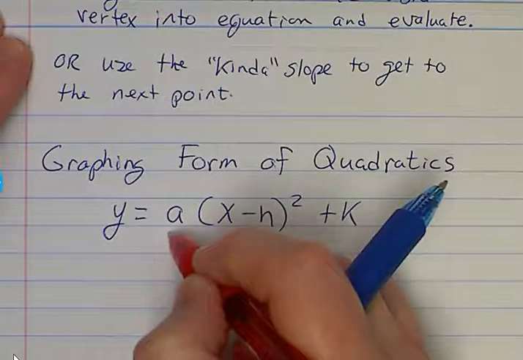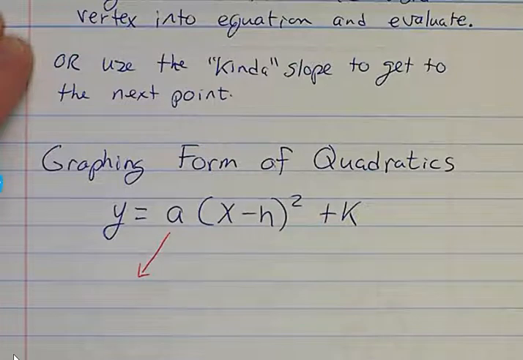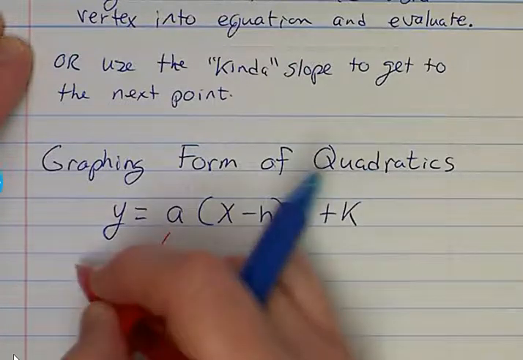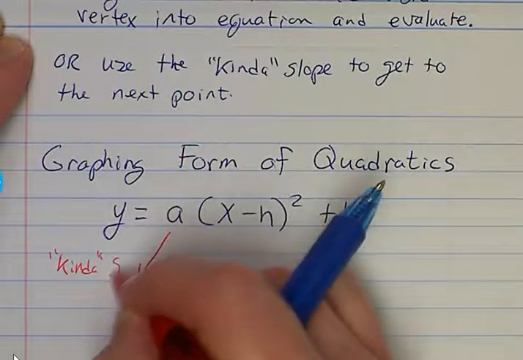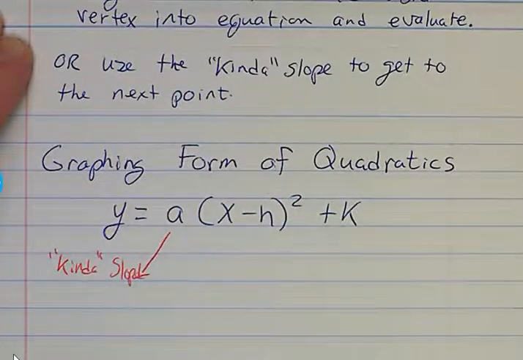Okay, just like with absolute values, this A value is kind of like the slope. But here's the biggest thing.